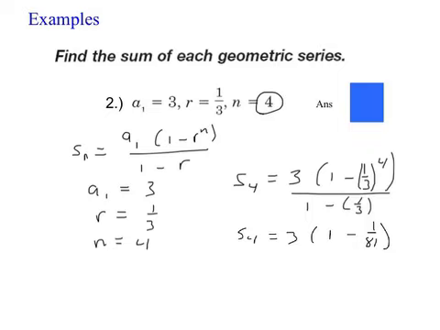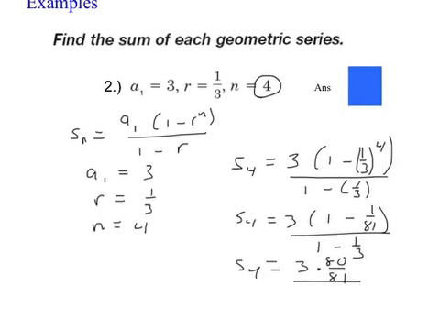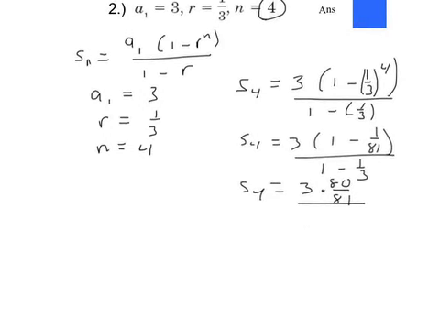Now 1 minus 1 over 81 is going to be 80 over 81, all over, and I'm just going to put 2/3 because 1 minus 1/3 is 2/3. Now let's see if we can clean this up a little bit. 3 goes into there once, 3 goes into there 27 times. So that gives me 80 over 27.